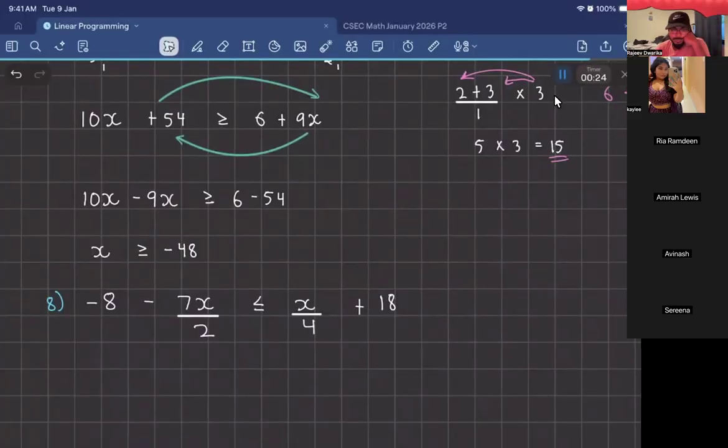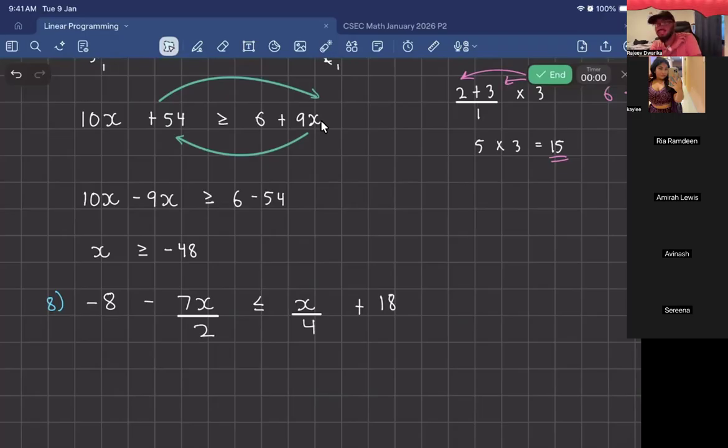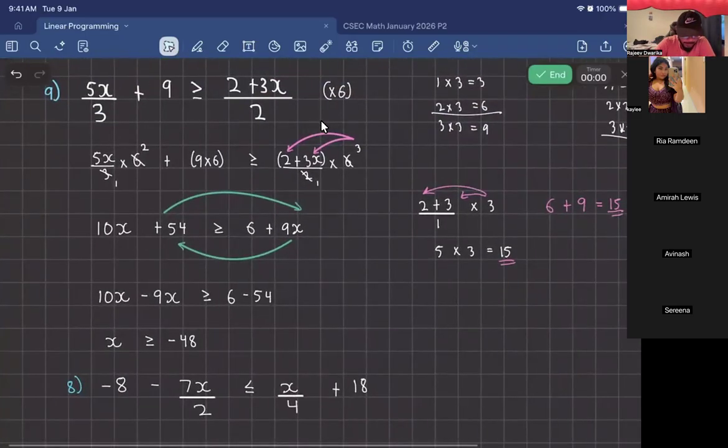I think my answer is wrong. We'll go see, right? Shayna, your answer looks correct. That's good. So Amira, let's observe what I did in the first question. I multiplied by 6.